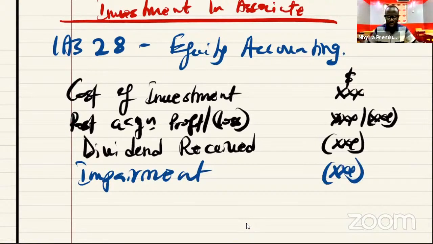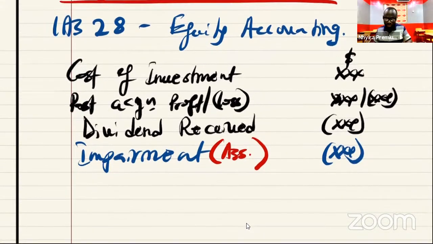Please be careful about the impairment we are talking about here. This is not impairment in goodwill. This is impairment in the investment we have in our associate.